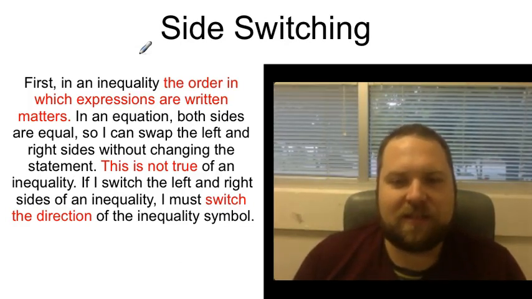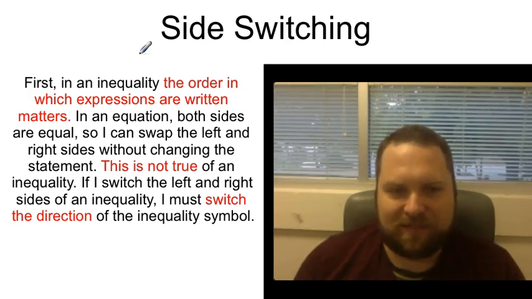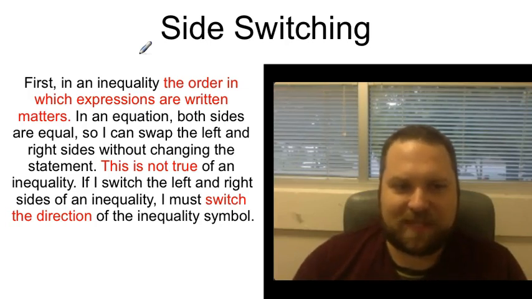First, in an inequality, the order in which things are written matters. We just saw that for an equation, I can swap the sides and it doesn't make any difference. With an inequality, if I swap the sides, it does make a difference. And so I cannot just willy-nilly flip the sides of things without flipping the direction of the inequality. And here's what I mean.